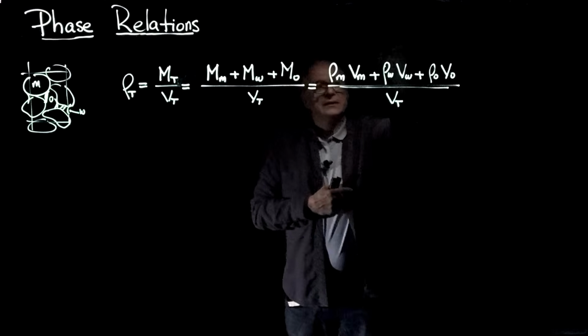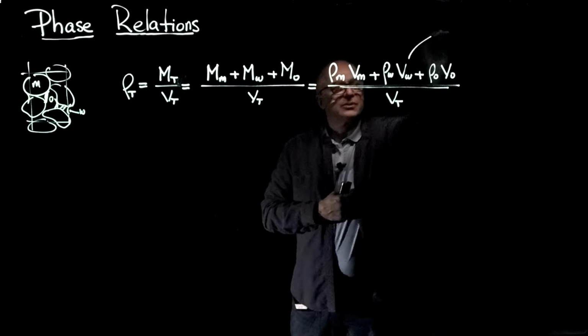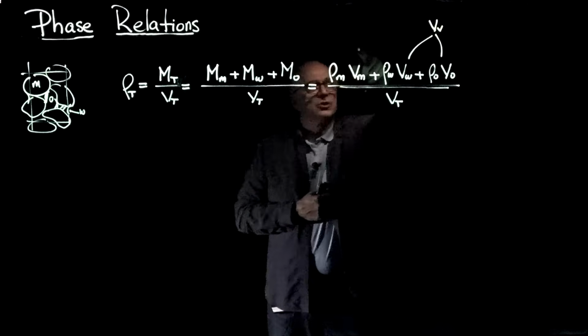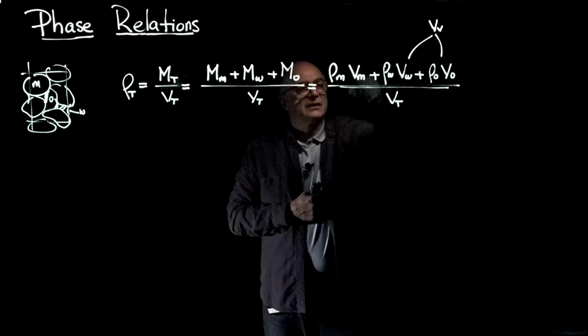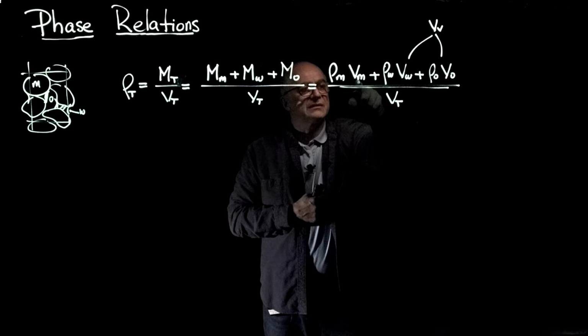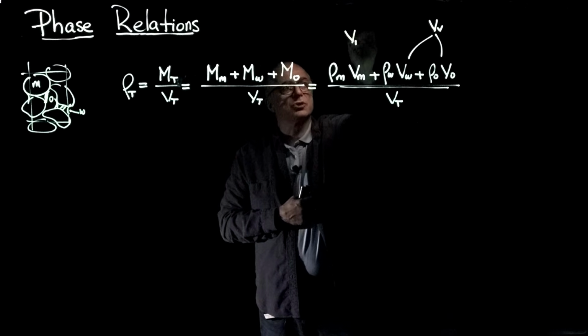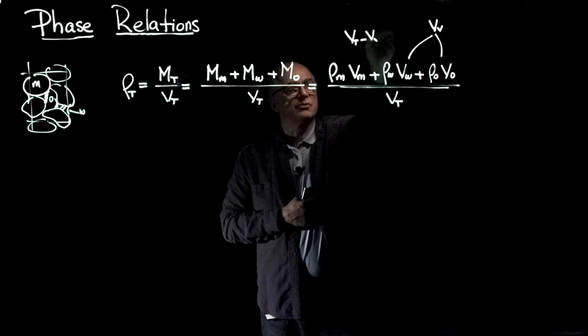Now, these two volumes are the volume of voids, and this is the volume of the mineral phase. So the volume of the mineral phase is equal to the total volume minus the volume of voids.